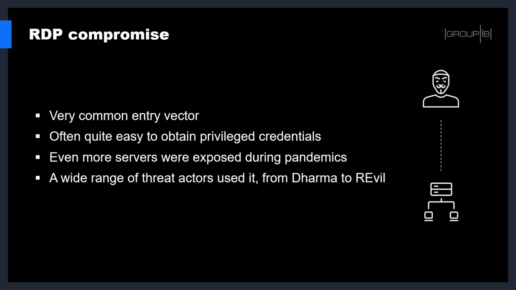So usually they get access to the server. They then use typical tools like Mimikatz to get more accounts, and they use the same remote desktop protocol to move laterally through the network and try to understand where they are.